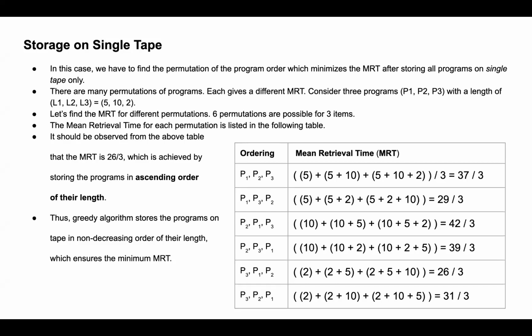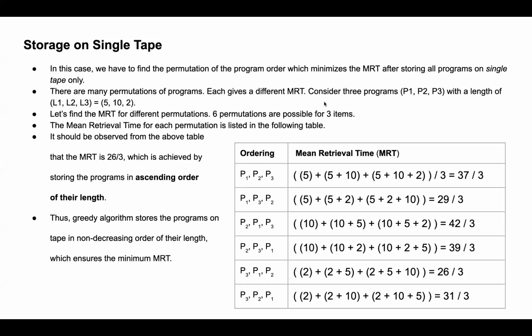Here there are multiple tapes and a single tape. Single tape means we are going to place the programs on only one tape such that the mean retrieval time should be minimum. There are many permutations of programs, each giving a different mean retrieval time.